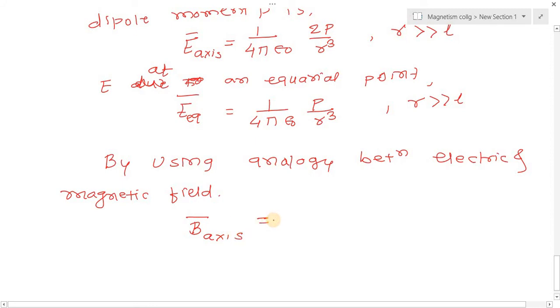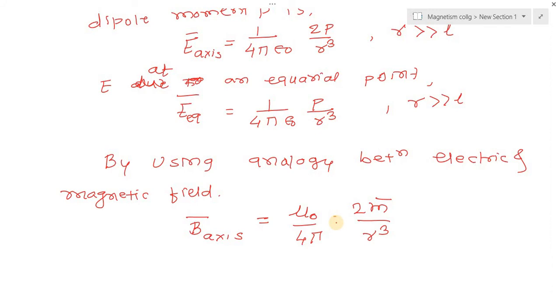In electrostatics, electric field is there; in magnetism, magnetic field is there, which is denoted by B. The constant in electrostatics is 1 upon 4 pi epsilon 0; the constant in magnetism is mu 0 upon 4 pi. In electrostatics, the electric dipole moment is denoted by P; in magnetism, the magnetic dipole moment is denoted by M. The distance is the same, r cube. So this is the formula for the axial magnetic field, or magnetic field at an axial point.